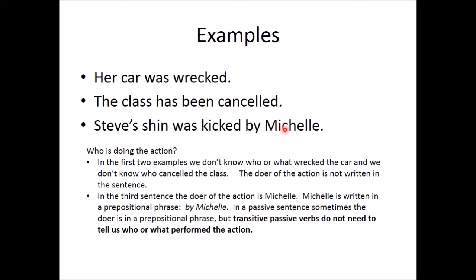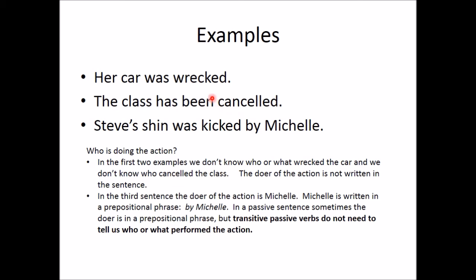Okay, so sometimes with transitive passive verbs, you have the doer of the action written in a prepositional phrase, but you do not have to know the doer of the action in a transitive passive verb. Okay, in transitive passive sentences, sometimes you'll know who the doer is from the prepositional phrase, but transitive passive verbs do not need to tell us who or what performed the action. Okay?